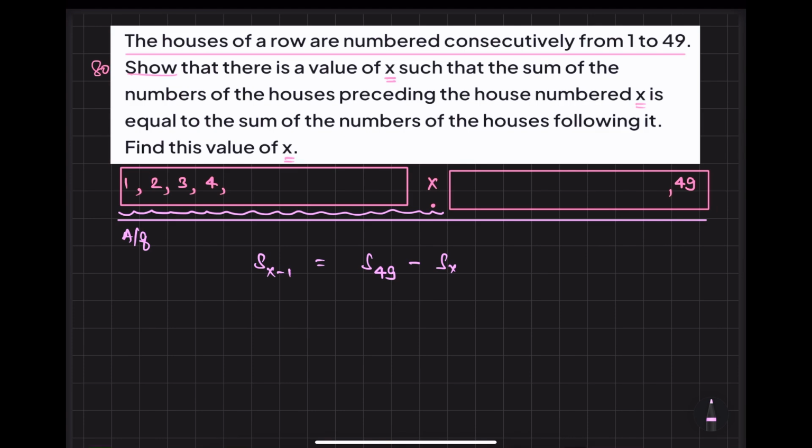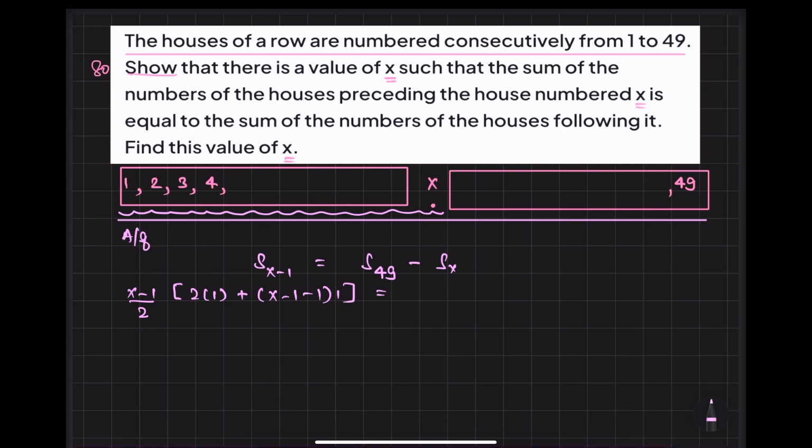Now the idea is how we will proceed. Try to understand. Just apply the AP formula: n by 2 into 2a plus n minus 1 into d. The common difference is 1 only. Now this is 49, and you know that it is 49 consecutive natural numbers.